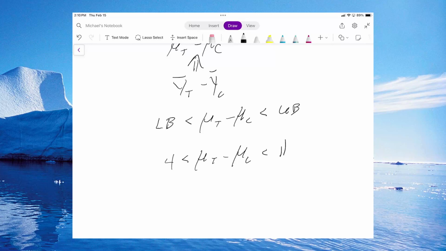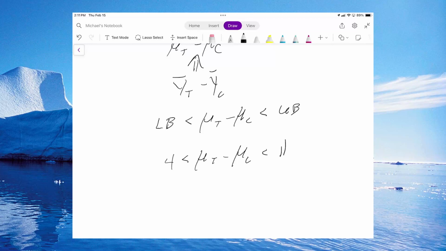In essence, what that says is the effectiveness of the treatment is to increase the average from between 4 and 11 points, whatever those points happen to be, whatever the units of measurement we have that we're using. Those units of measurement could be something like points on a test. The units of measurement could be on a scale.